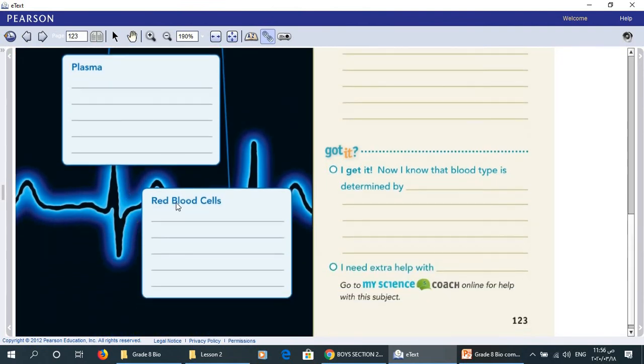Now here, red blood cells. These cells carry oxygen from the lungs to the body cells.